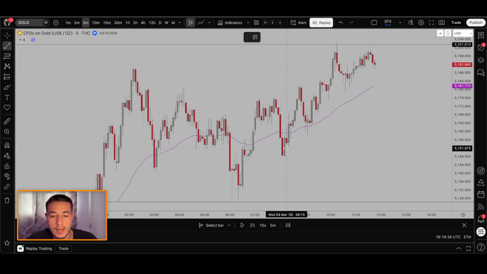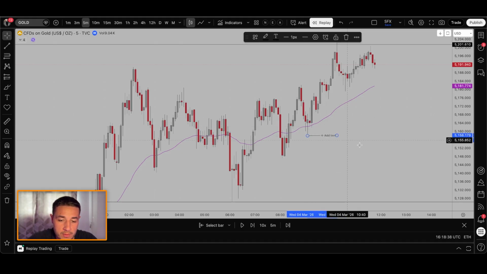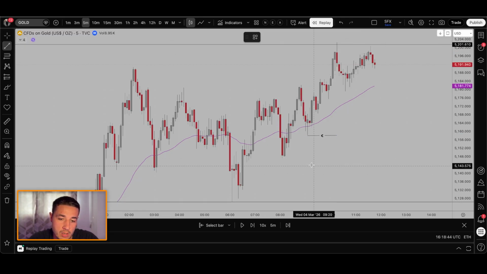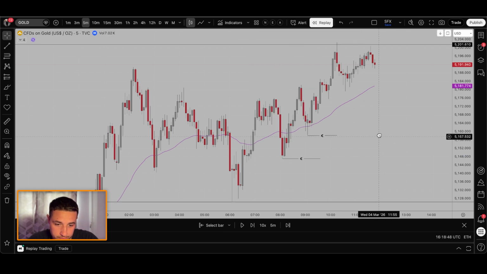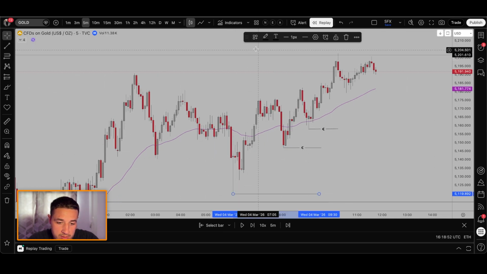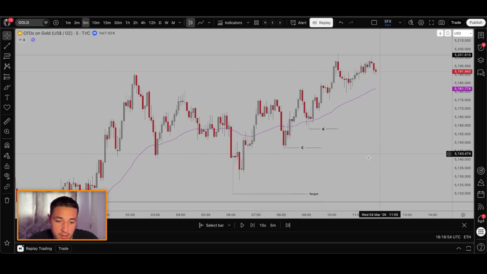Well, I kind of sleep at that time, right? So in this case, we have all of these lows acting as liquidity, meaning that I want to target those lows. So I'm going to mark all the lows. I want to target them like that, and I think the ultimate target was that one, the very low down there.